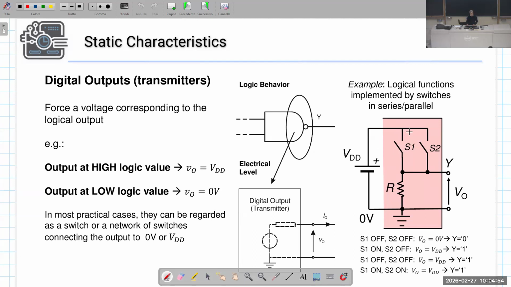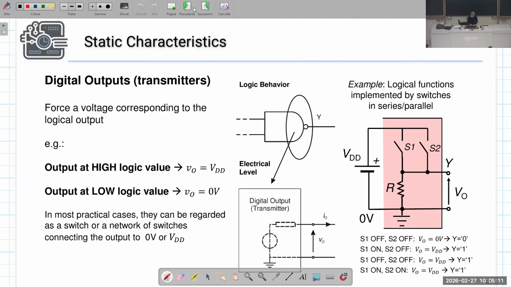If just one switch is on, the output is high, so Y is equal to 1. Otherwise, if both the switches are off, the output is low.